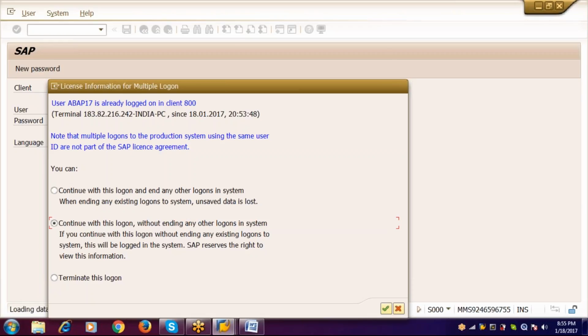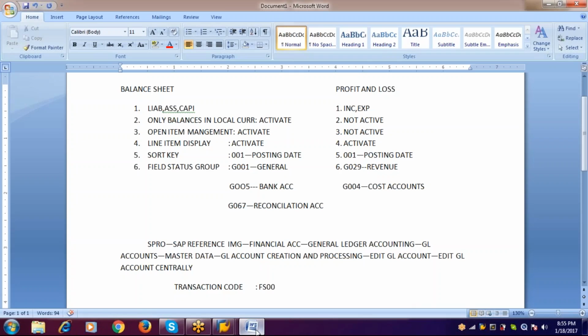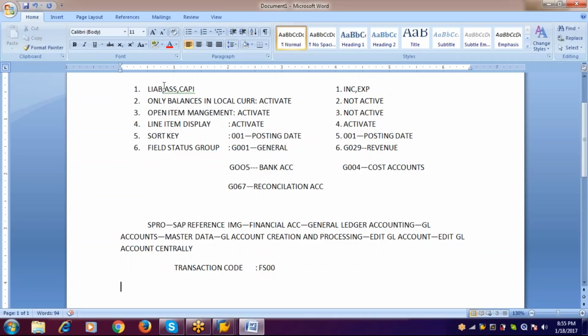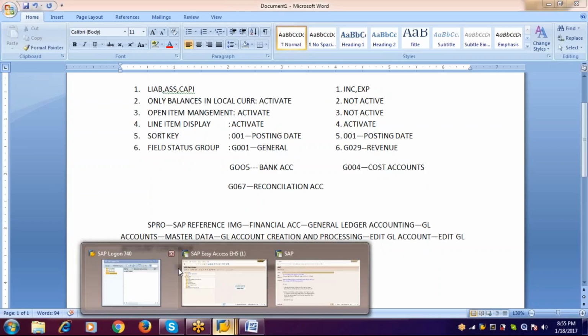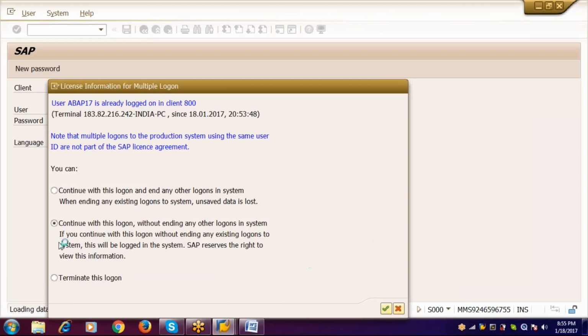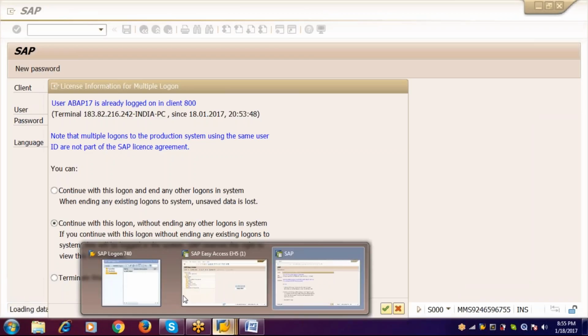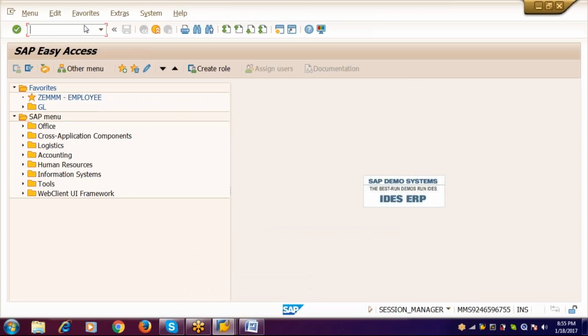All of these menu paths can be used for creation of general ledger master records. When we enter this menu path, all the six steps are included for the creation of general ledger accounts.